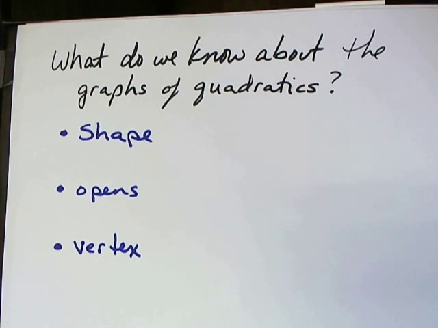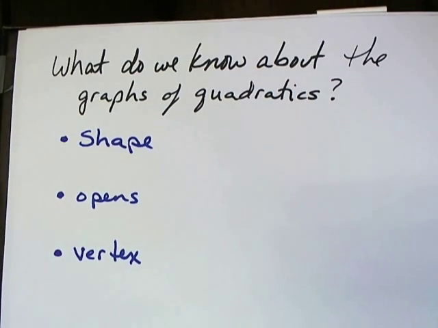So a little bit of a summary on what we know about the graphs of quadratics. If we were given an equation, how can we quickly tell what this equation is going to look like? Well, with it being a quadratic, we know the shape. The shape is called a parabola.